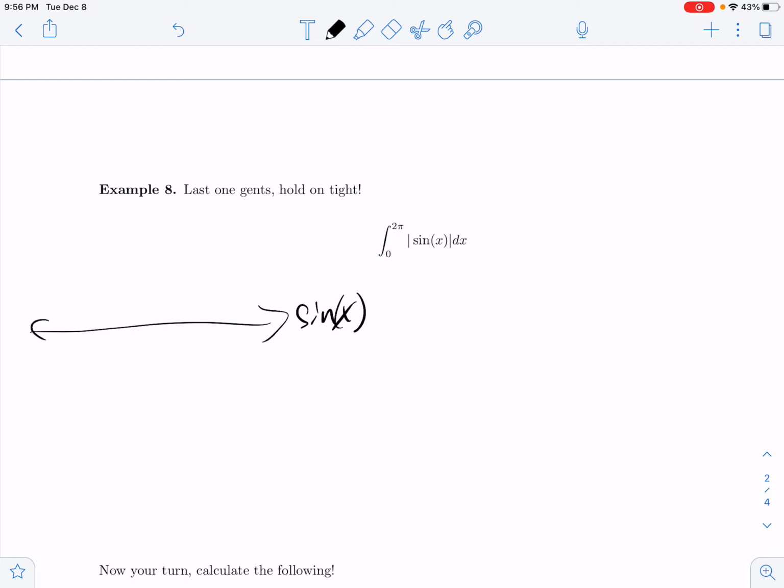When is it 0? Well, it's 0 at 0. It's 0 again at pi. And then it's 0 again at 2 pi. That one's actually not that bad. From 0 to pi, it's positive. From pi to 2 pi, it's negative. Right? And we're only going between 0 and 2 pi. So I don't need any of the outside guys. But again, this would be negative and this would be positive if we cared about it.